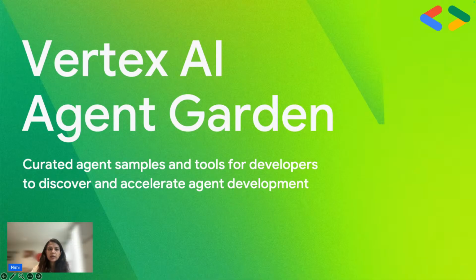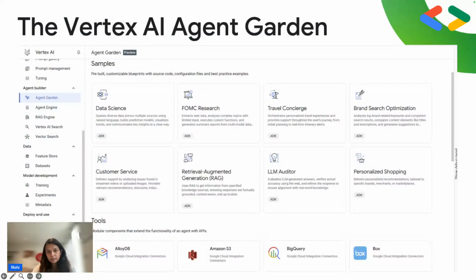Moving on to Vertex AI Agent Garden. Vertex AI Agent Garden is curated agent samples and tools for developers to discover and accelerate agent development. Agent Garden is where you will begin your agent building journey by discovering and learning about agent building capabilities.